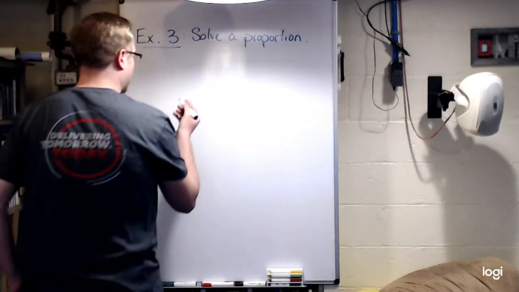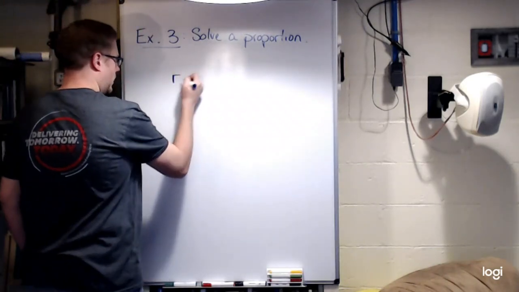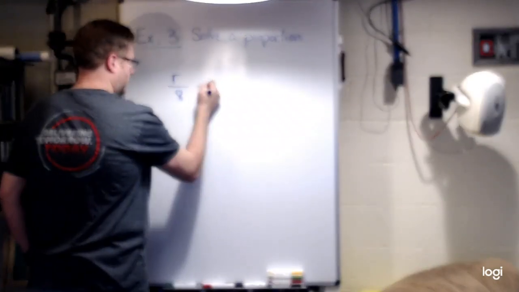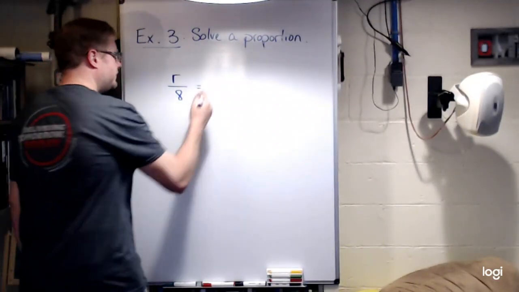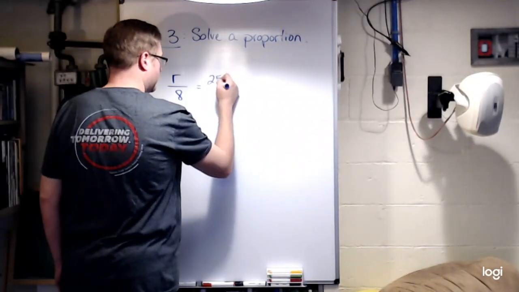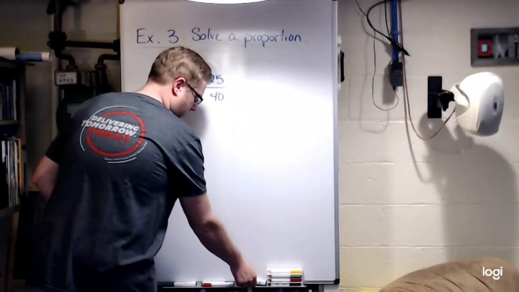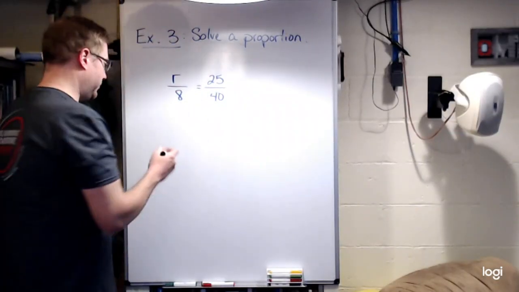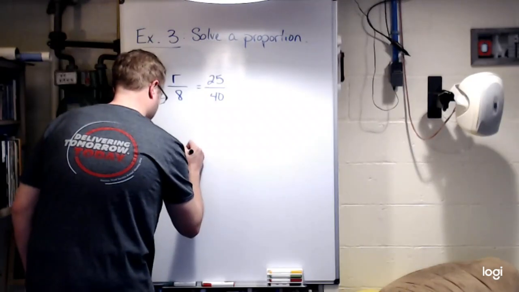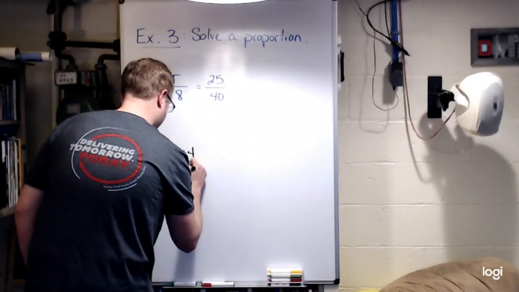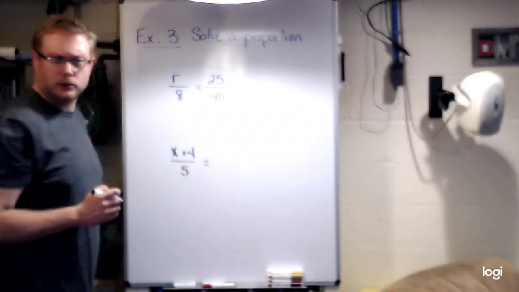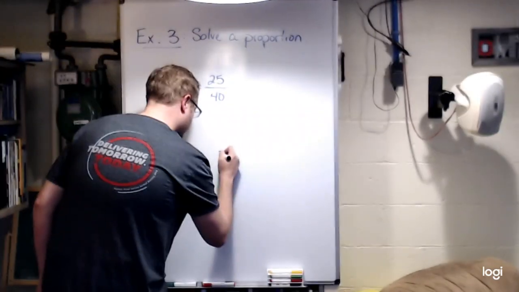We have the proportion r over 8 equals 25 over 40, and also x plus 4 over 5 is equal to 3 over 8.